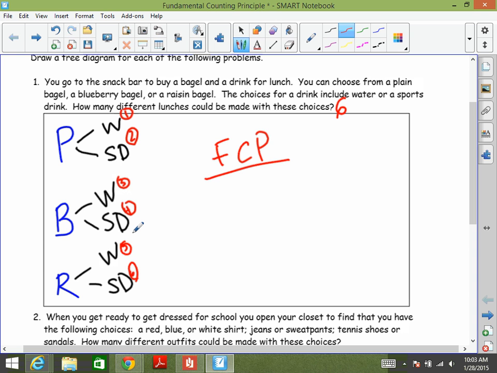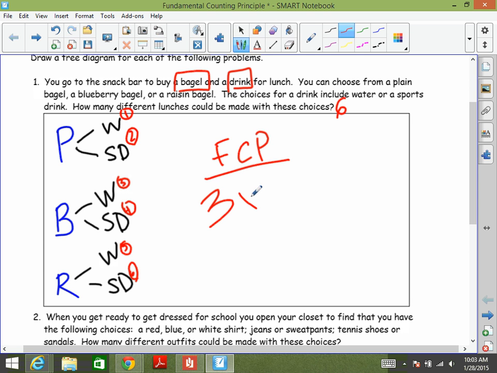So thank goodness that somebody, and I don't know who that somebody is, invented the fundamental counting principle. And what you do is you look at your situation. We have two categories. We have a bagel category and we have a drink category. And it sets that up right here. Bagel, drink. How many bagel choices did you have? That's a 3. So you put a 3 down.